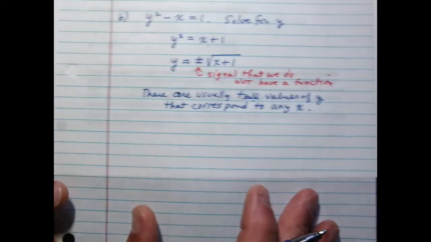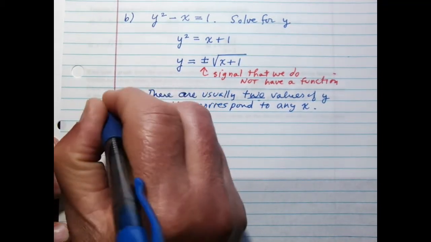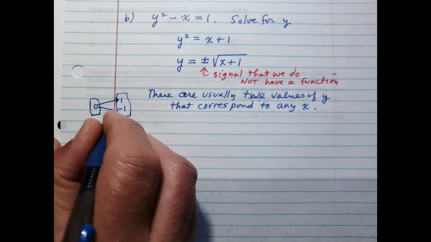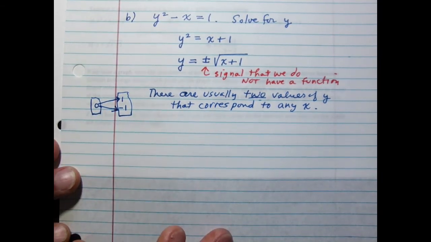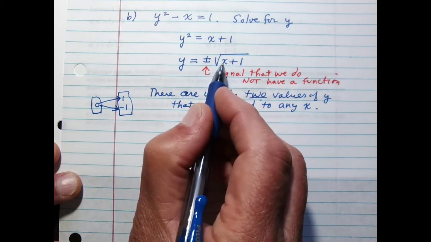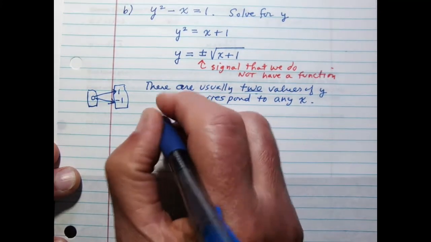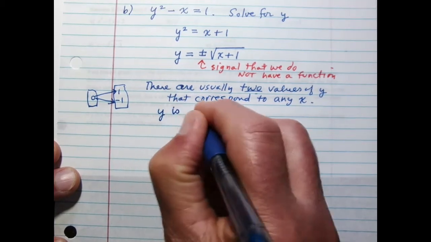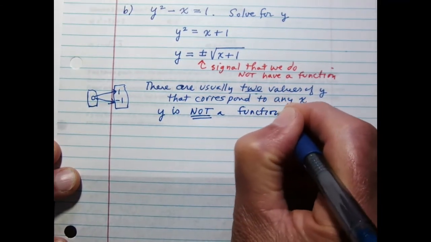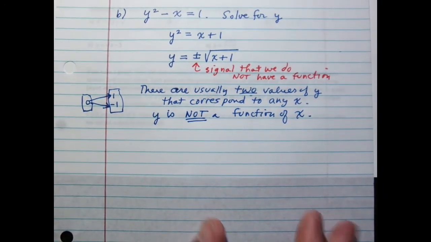Here I could even make a little note, you don't have to write this down, but x value of 0 corresponds to both 1 and negative 1 for this relationship. And it's the plus or minus sign that signals to me the fact that I can plug in one value of x and I will get 2 different values of y. So here y is not a function of x. So in part B, we do not have a function.